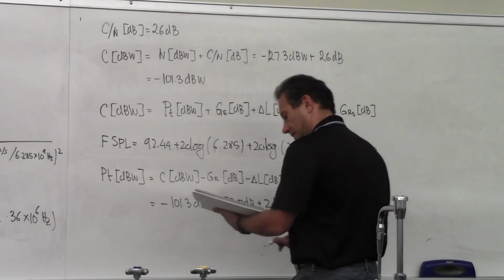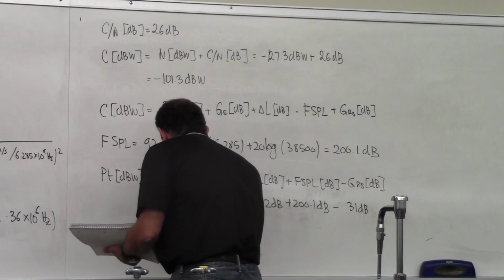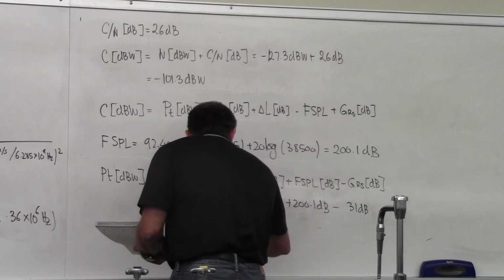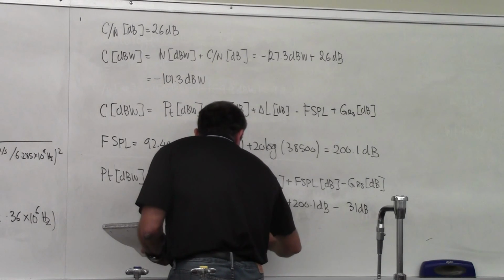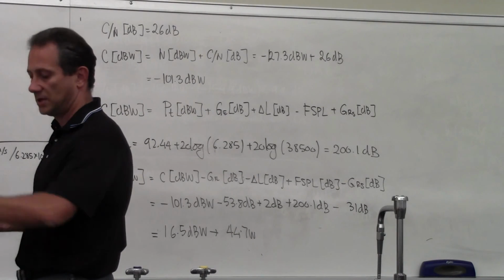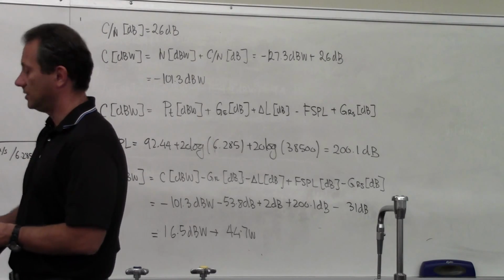And that calculation gives you the transmit power of 16.5 dB watt, which is 44.7 watts. So around 50 watts of ERP will get you from the earth station to the satellite and give you proper C to N.